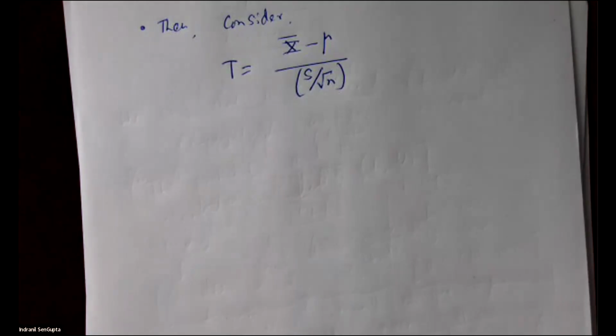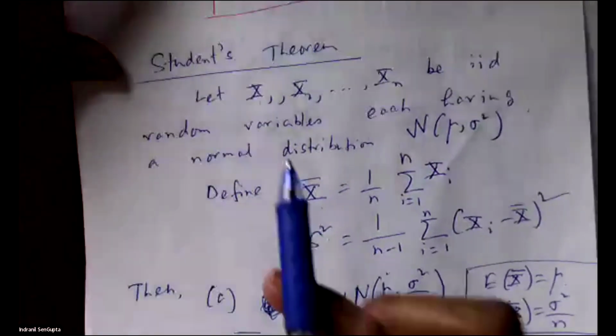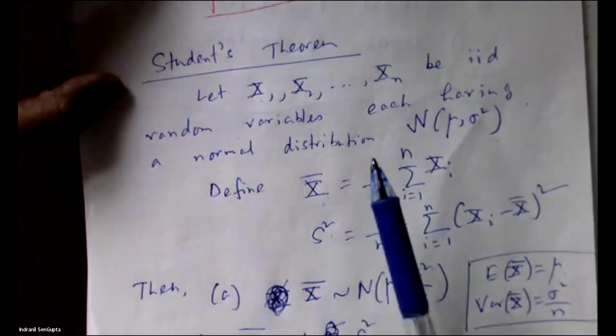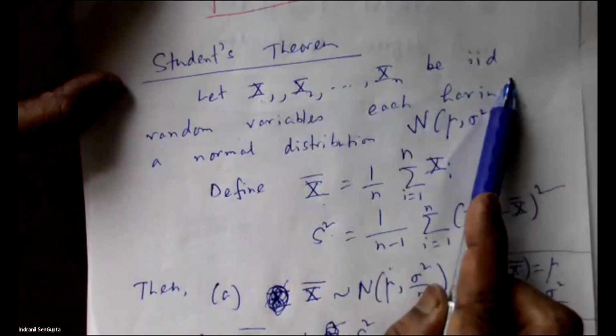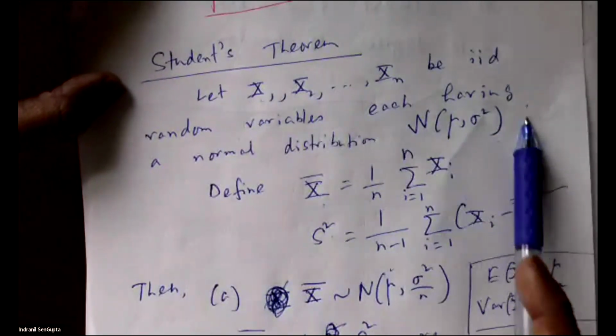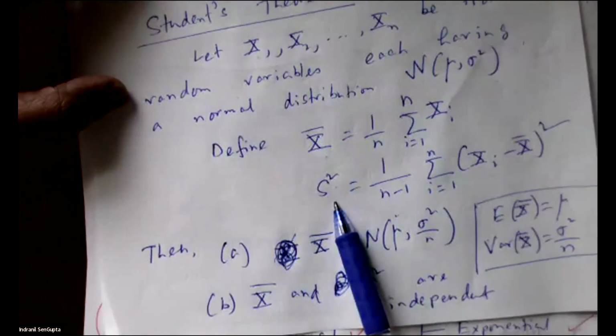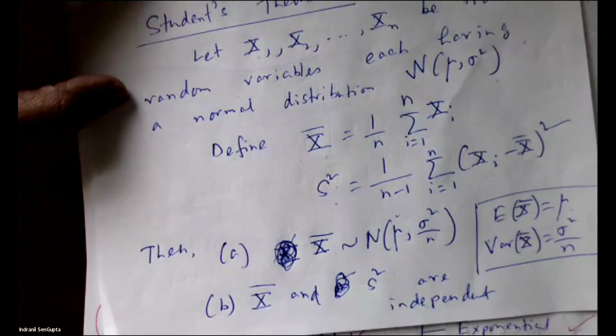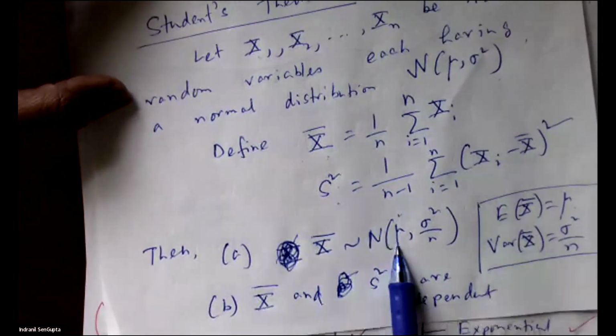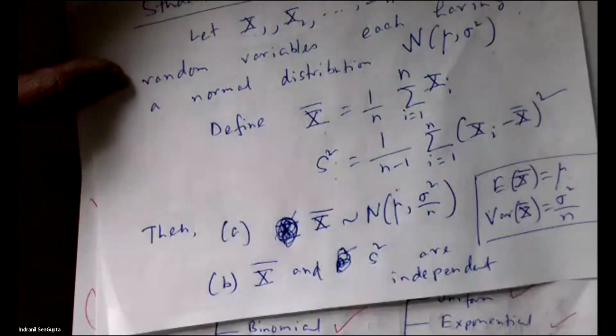Now observe, in the first class we wrote this theorem. It's called Student's theorem. It says that if x1, x2, ..., xn are IID and follow a normal distribution with mean mu and variance sigma squared, we define this x bar and s squared. Then it has some properties. For example, x bar follows a normal distribution, and x bar and s squared are independent.